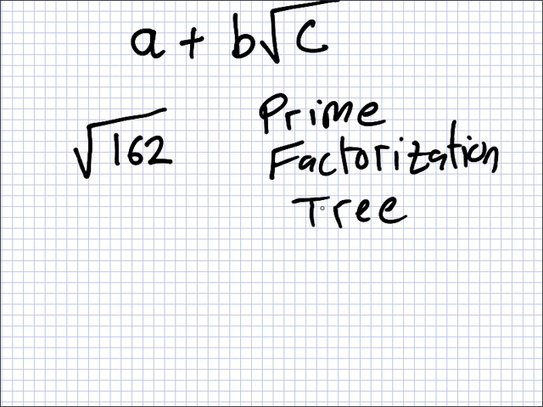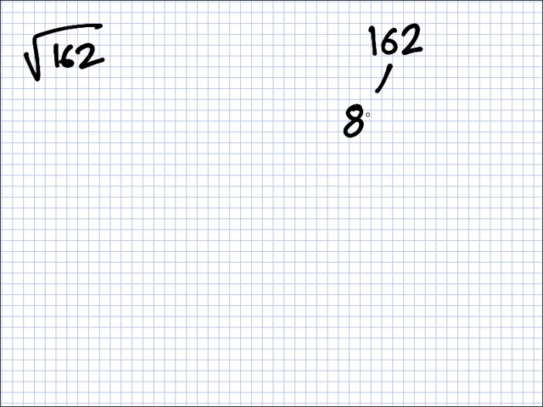So, let's take an example like root 162. So, what you do is you start off with 162 and you think of any two numbers that multiply to make 162, except, of course, 162 multiplied by 1. So, we'll go with 81 and 2.